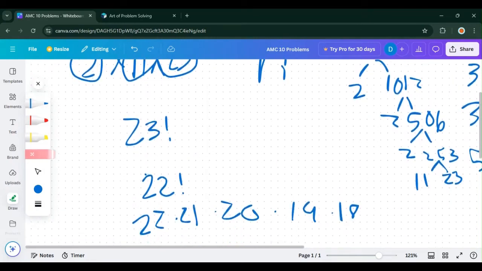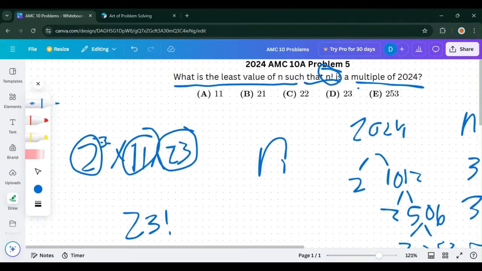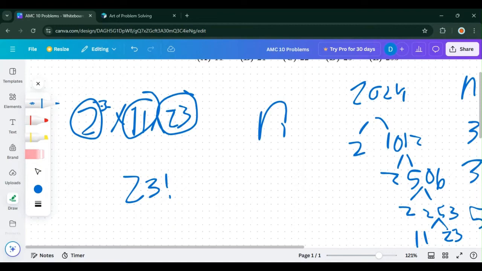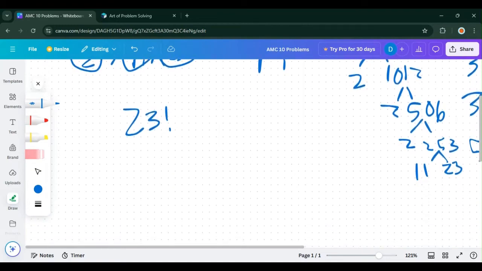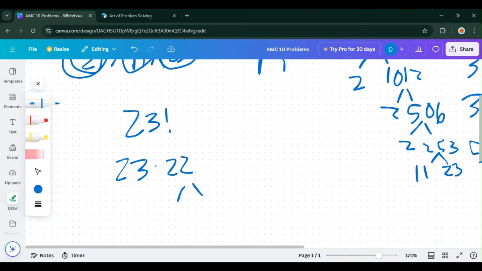And 23 is the least possible of the answer choices that will have 23 in it. And so it will be a multiple of 23. And obviously it will have 2 to the power of 3, which is 8. And it'll have multiple 2s in its factorization.